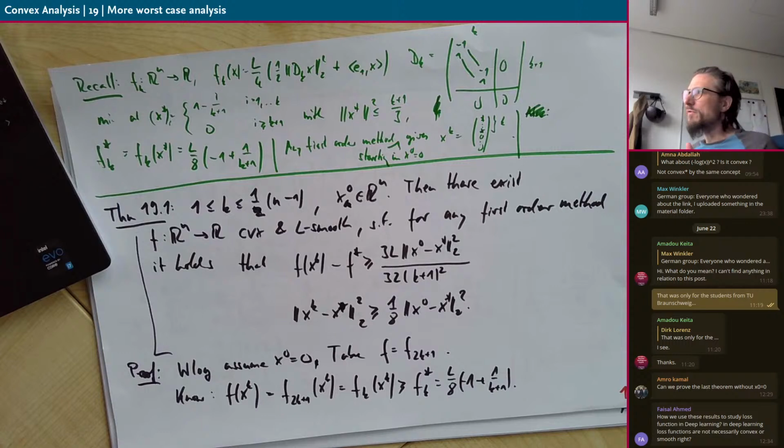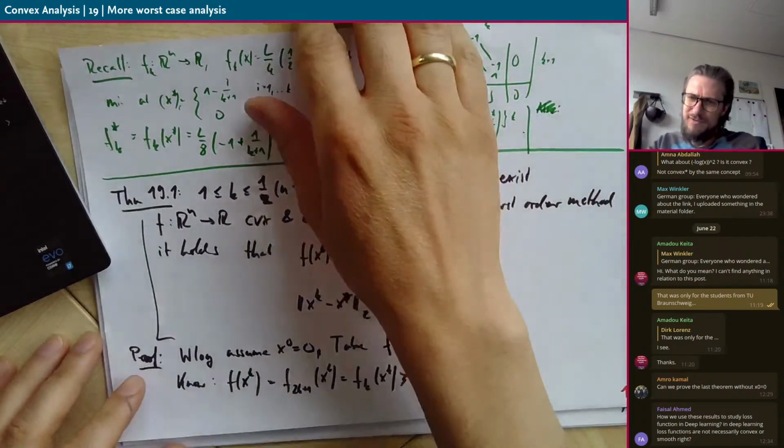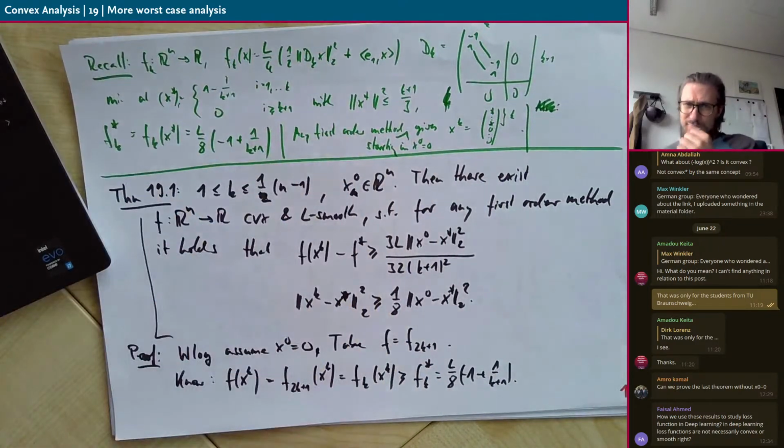But smoothness, I'd say, the loss functions are not always smooth, but you can always smooth them out. So I'm not really sure if the non-smoothness is such a big deal, but I'm totally not sure, because you're right. Usually in neural nets you have this rectified linear unit which has a kink, so it's not differentiable.